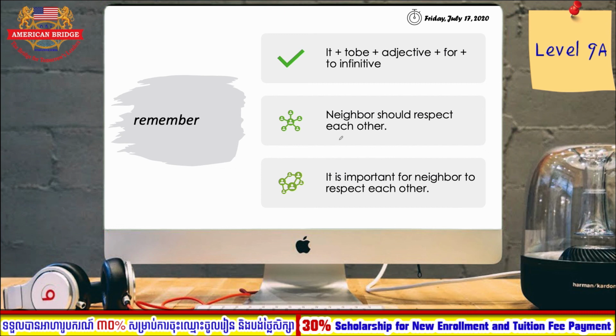Because you can write a sentence in many different ways that convey the same meaning. So this original example can change into: it is important for neighbors to respect each other. As you can see, it follows the structure and form here, which uses the to infinitive.